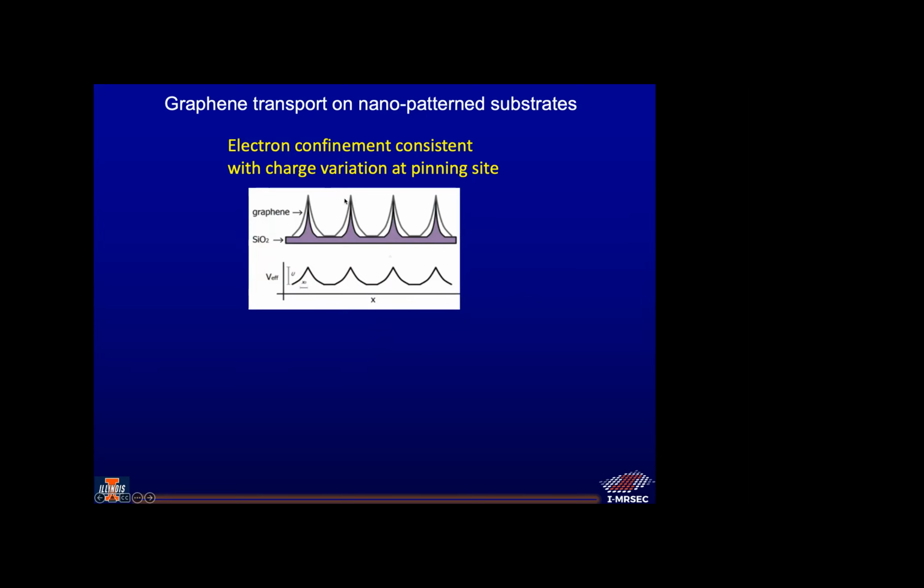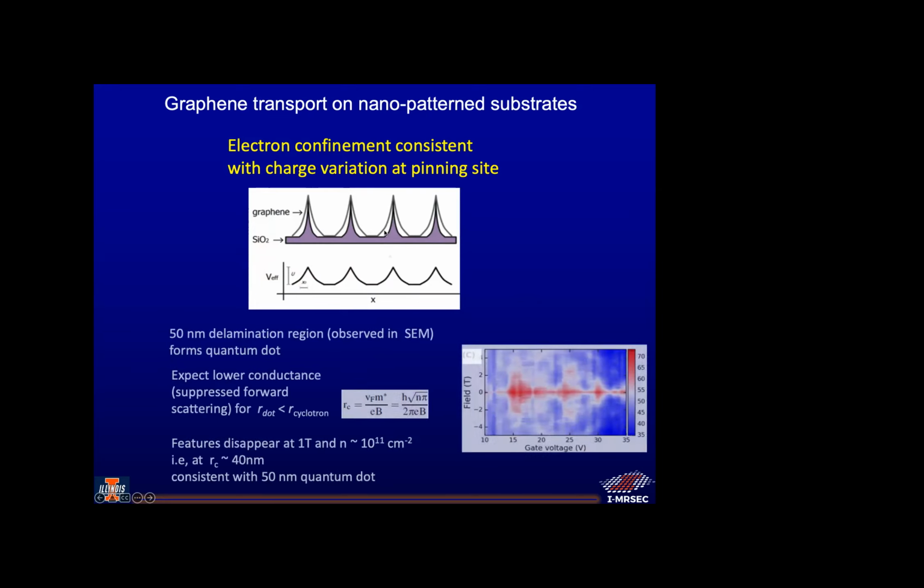And so, you know, the graphene that's confined up here is in these little regions of about 40 nanometers connected to the pillar. And then in between we have something else. So maybe we have confinement just in these small regions. And in fact, if we think about these delamination regions, we expect some sort of suppressed scattering in here for small dots.